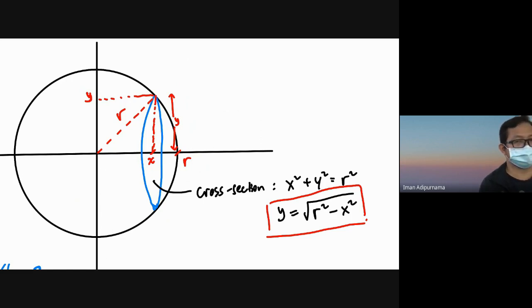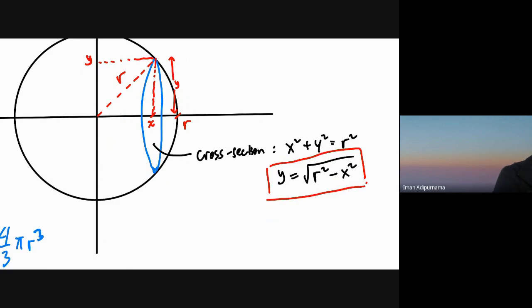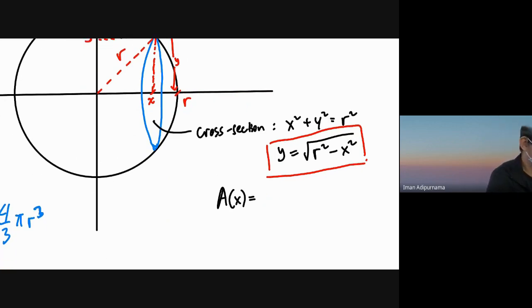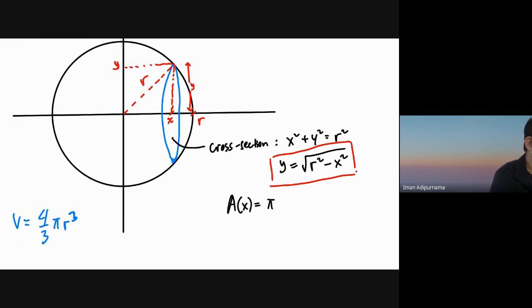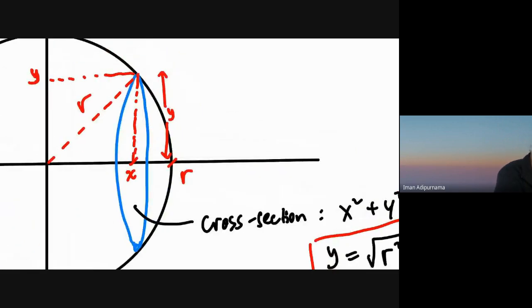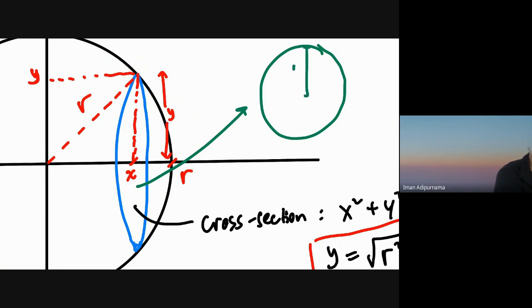Now the area of the cross section: if you look closely here, we can take this as a circle with y as our radius, right?